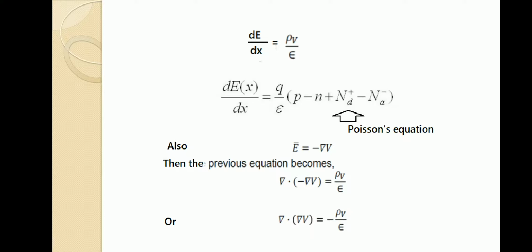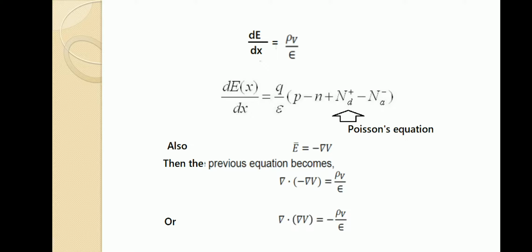Here p is the hole concentration, n is the electron concentration, Nd is the donor impurity, and Na is the acceptor impurity.